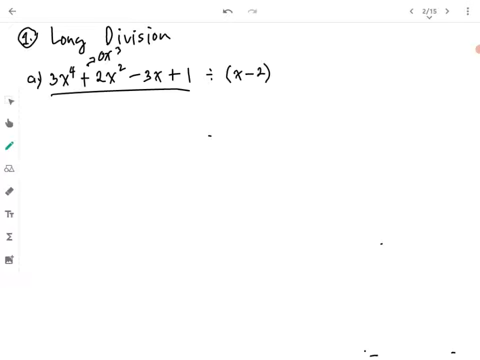In doing long division, that is very important. So this is x minus 2. Then rewrite 3x raised to 4 plus 0x cubed plus 2x squared minus 3x plus 1.